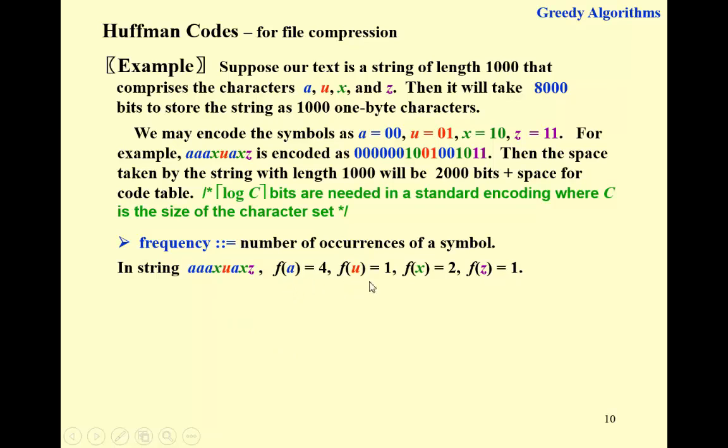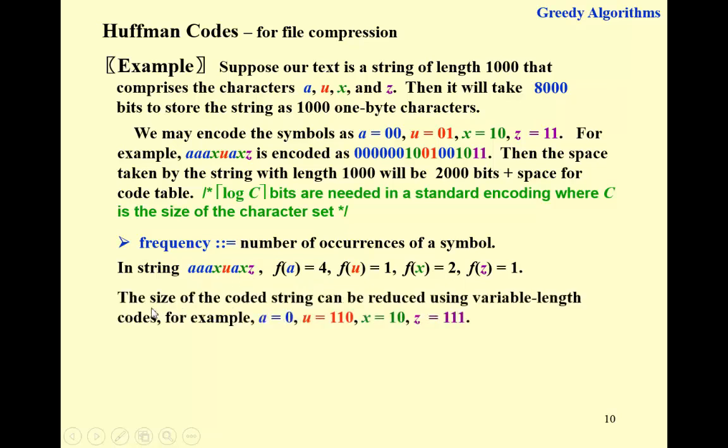And if we take this extra information into consideration, we can code those symbols with different code lengths, right? So the size of the coded string can be reduced using variable length, which means the length is not a fixed number. Variable length codes. For example, we can represent A by only 0, and U as 110, X as 10, and Z as 111.